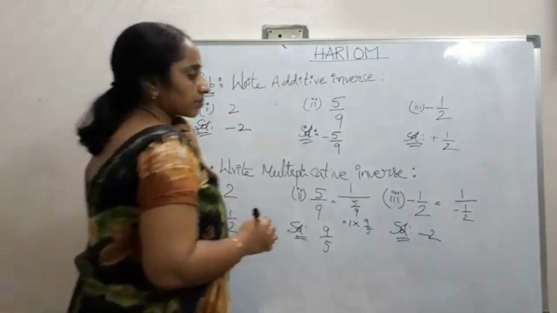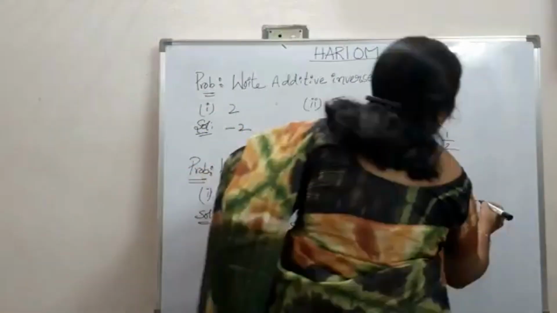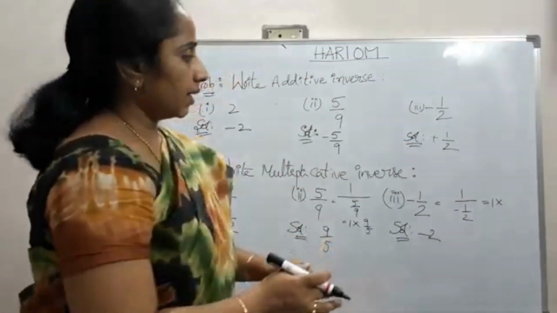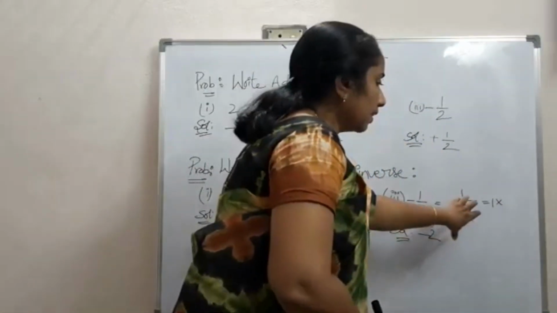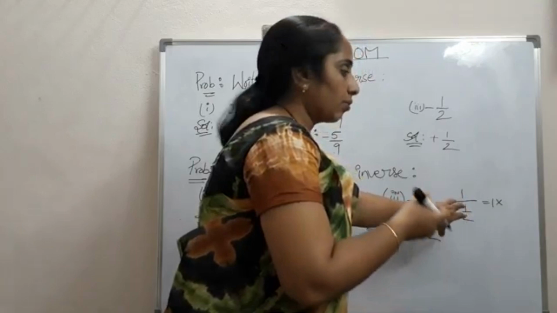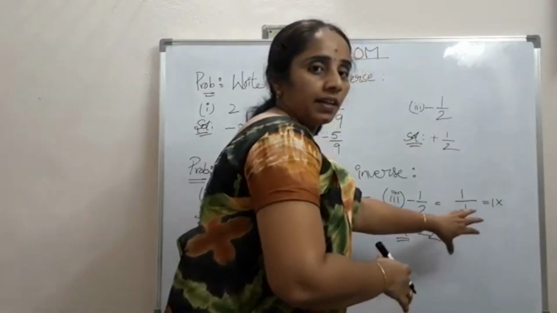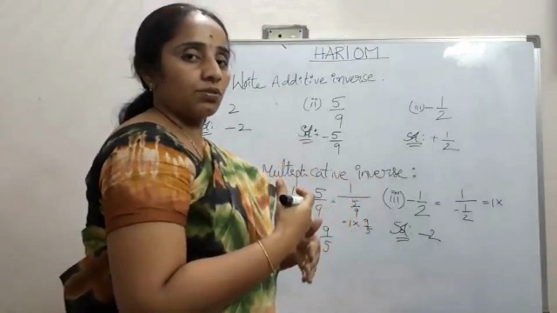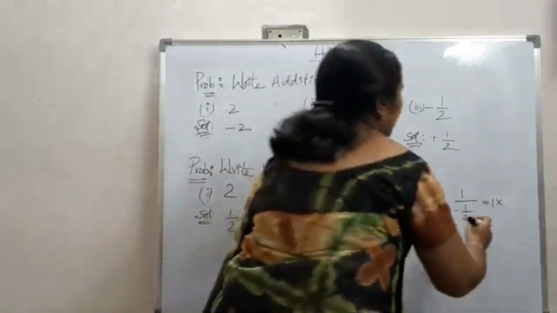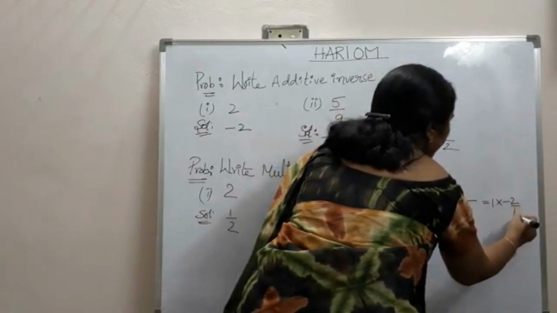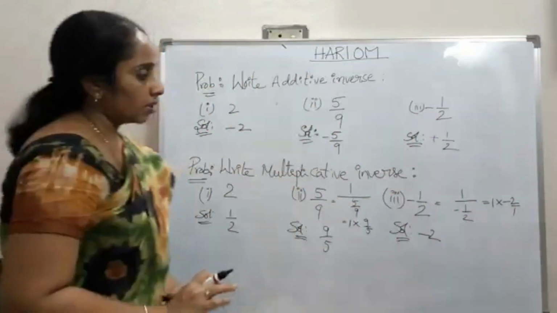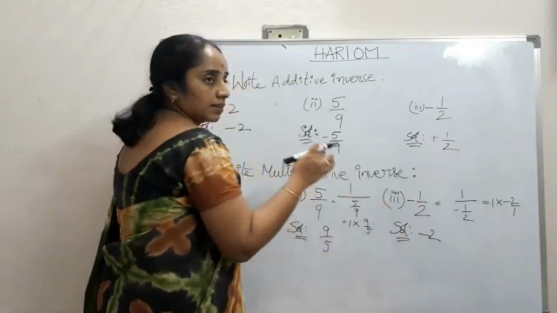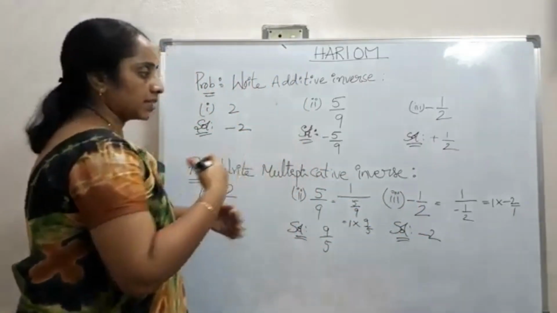Now we write this as 1 into, as you already know, wherever in a fraction one more fraction appears in the denominator, then we can change its numerator as denominator and denominator as numerator. So it is minus 2 by 1, it is minus 2. No change in its sign, only the inverse is changed.